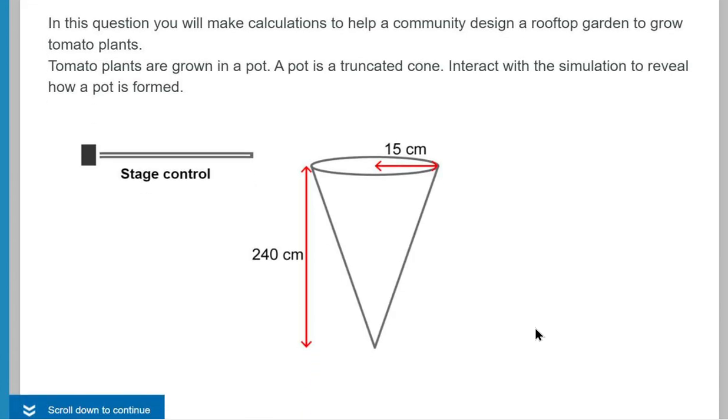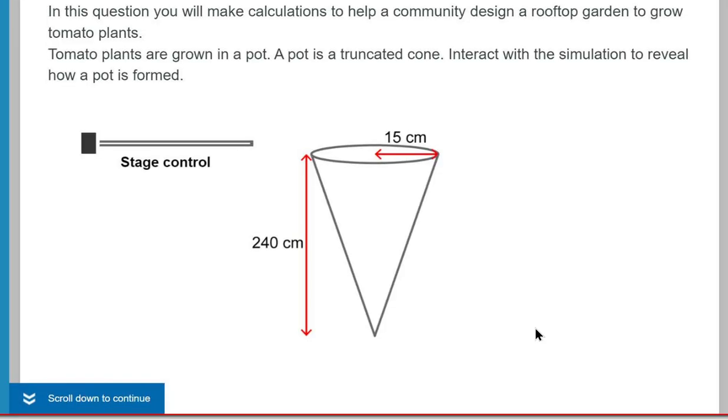Look, what's the formula for the volume? The formula for the volume is 1 over 3 multiplied by pi multiplied by r square h.